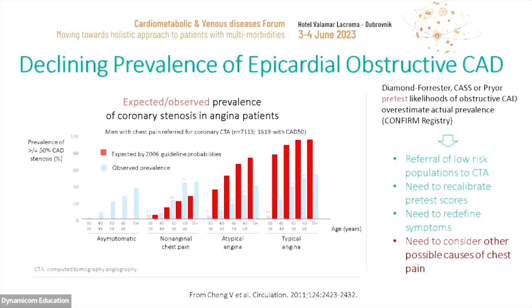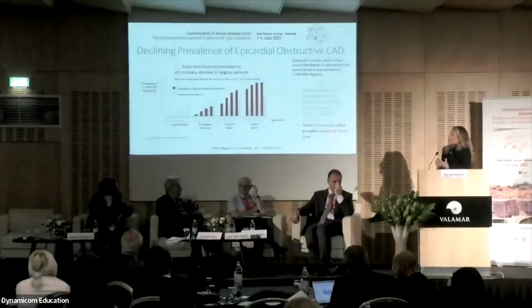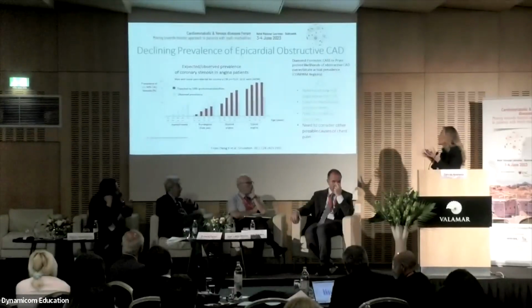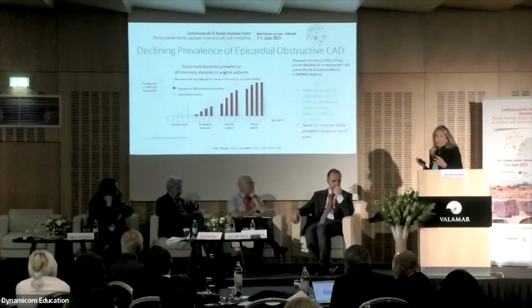Now, one reason why nowadays the pretest probability scores based on age, sex, and typicality of symptoms, and now additional risk factors, perhaps coronary artery calcium score, are less predictive than before is because we're testing lower risk populations.